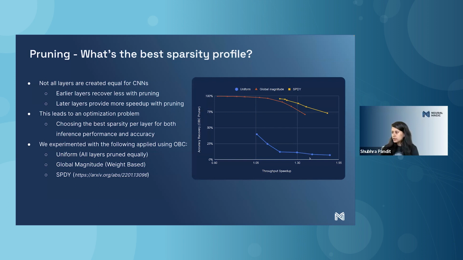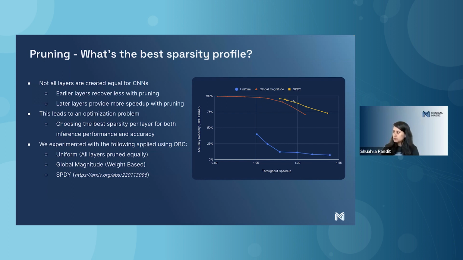And each of these data points represents the target sparsities that we were looking at, starting from around 50% to 75%. We have a bit more for the global magnitude method. Here, as we can see, the uniform method doesn't recover accuracy very well, whereas the global magnitude method recovers accuracy pretty well, especially for lower sparsities, and then goes down a bit more.